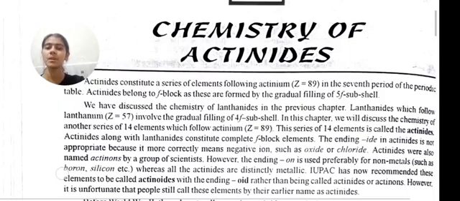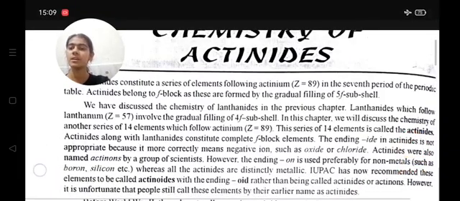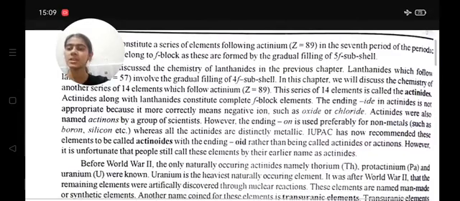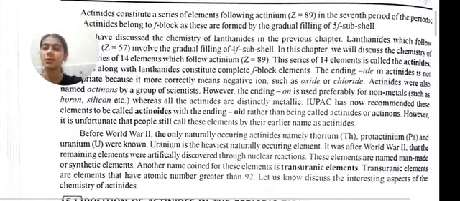IUPAC has now recommended these elements to be called actinoids, with the ending "oid", rather than actinides or actinons. However, it is unfortunate that people still call these elements by their earlier name, actinides.